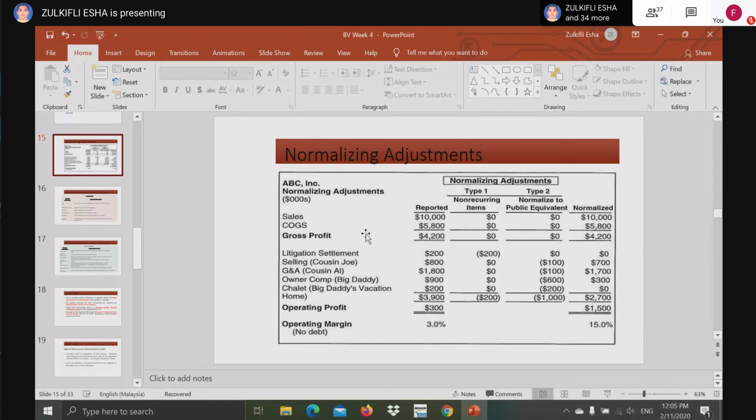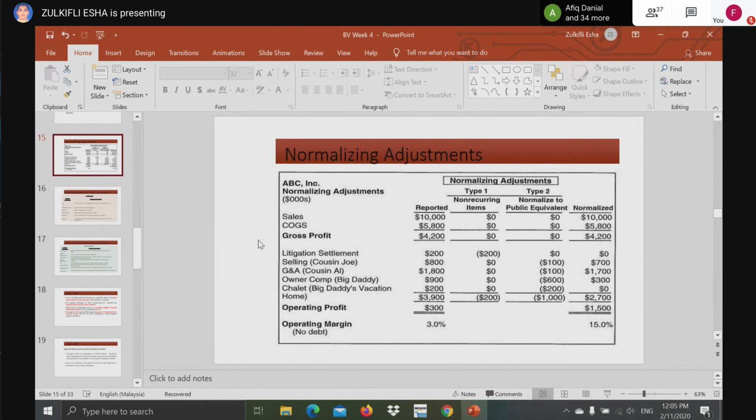In this example, the types of normalizing adjustment which are done are on litigation settlements and the selling.